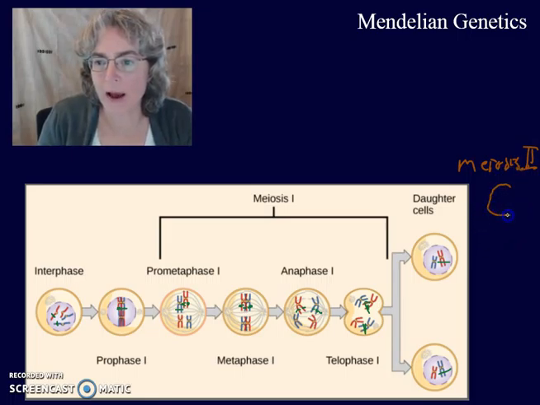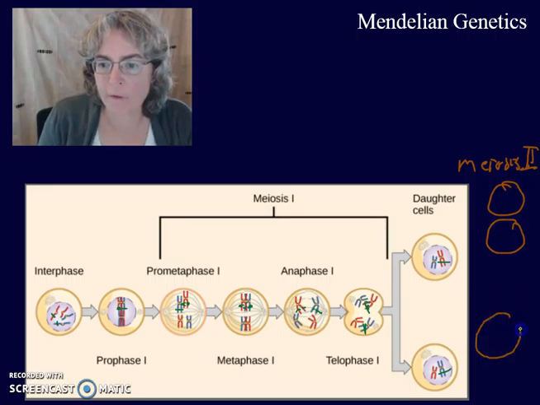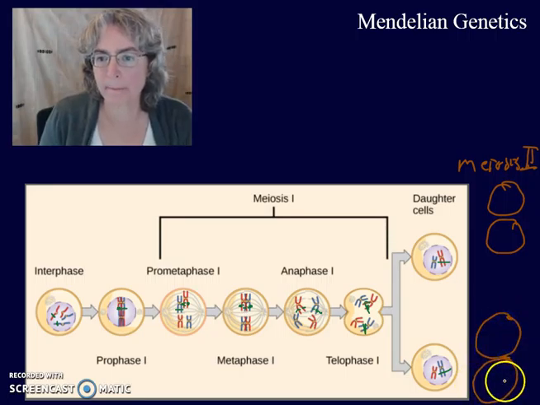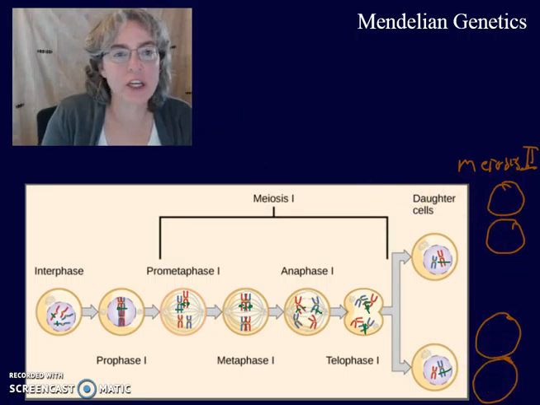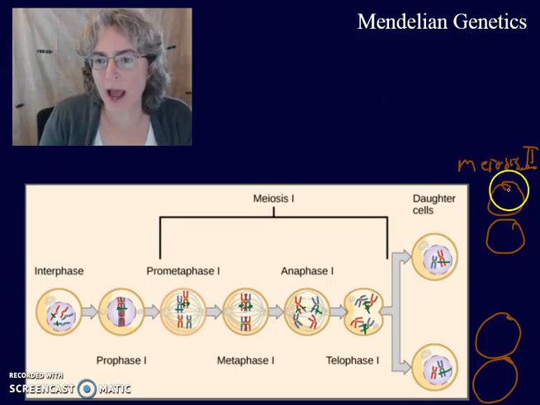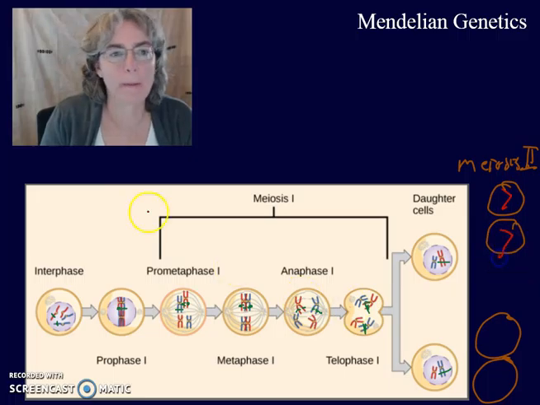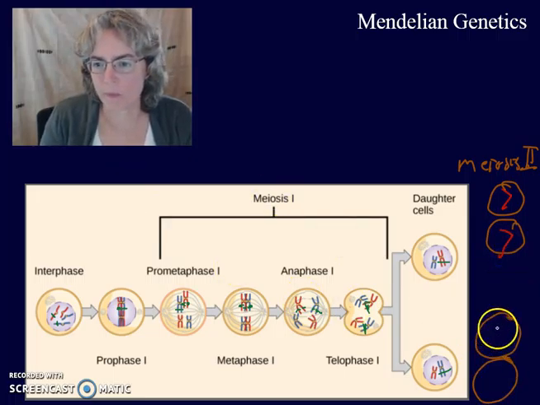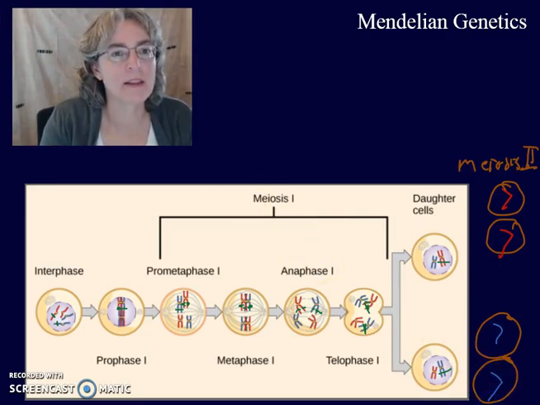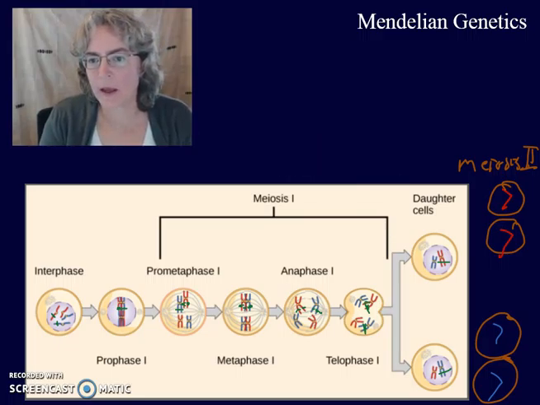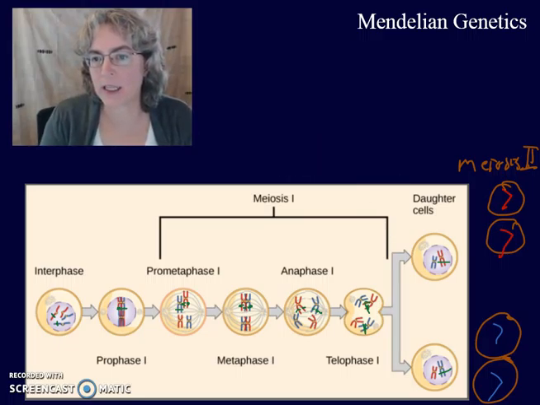We now have, at the end of meiosis 2, 4 gametes, and each is going to have that allele. So I was using green. Here is the allele right there.